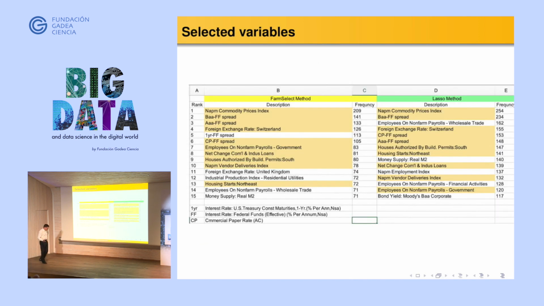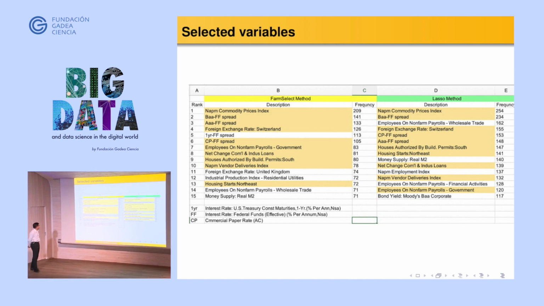And more interestingly, when you do model selection, unlike principal component regression, the variables you select, you can peek into them and see whether it makes sense or not, right? So here I have the FarmSelect method and the lasso method. I just compare the variables being selected, right? And this makes a lot of sense. The first, most important one, is the commodity price index.